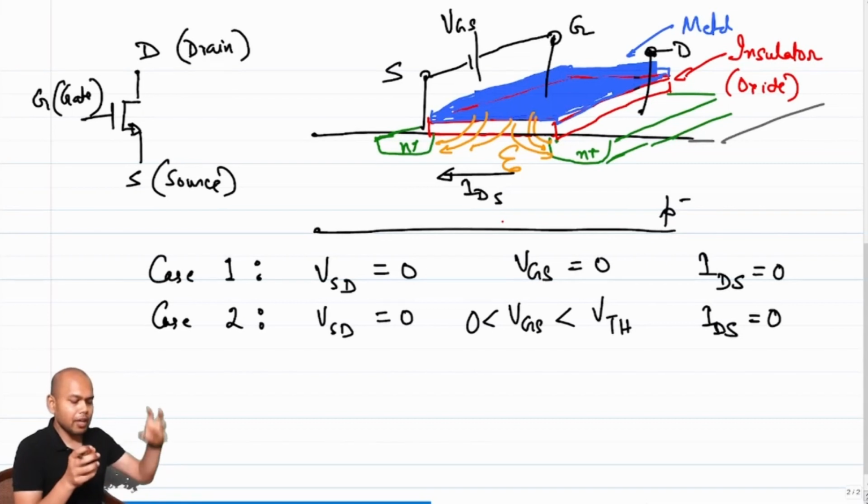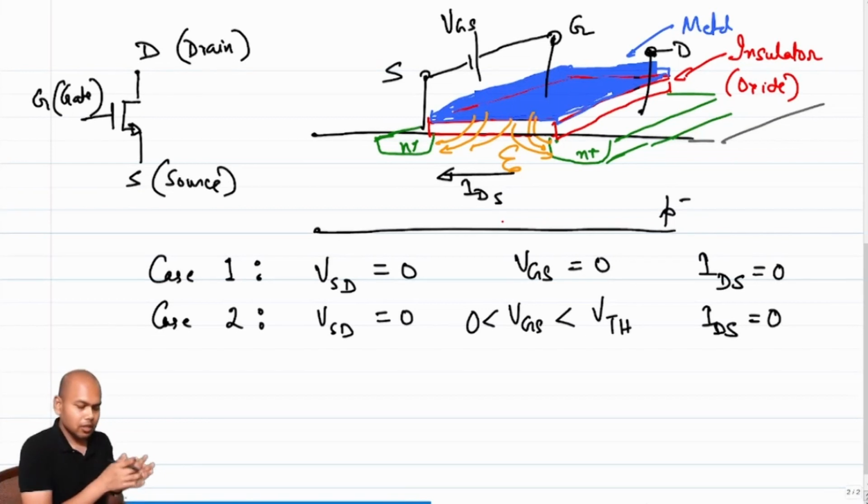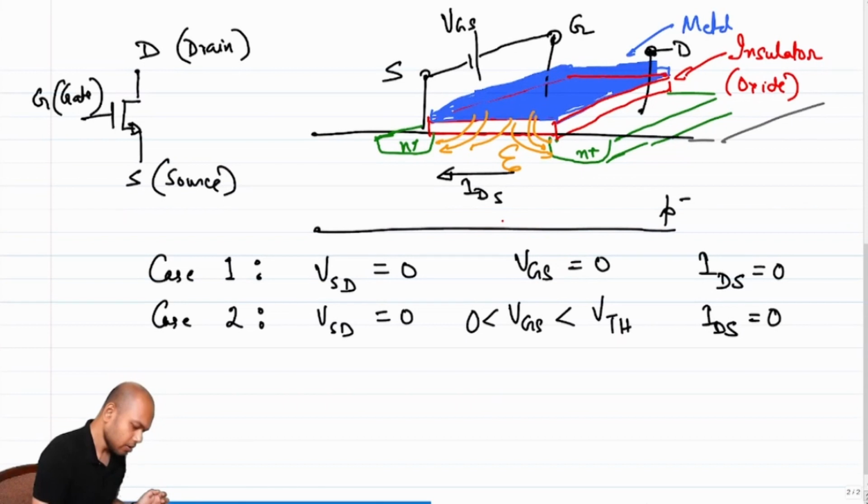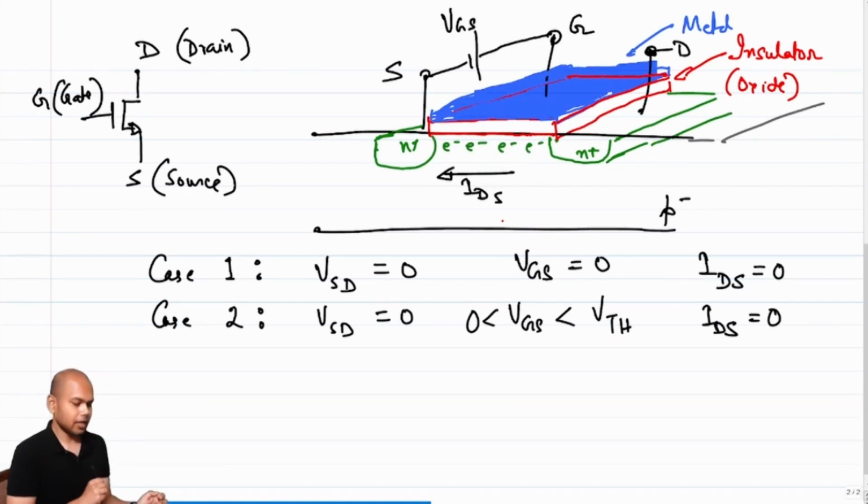Now when you apply a positive voltage between the gate and the source and the gate and the drain, the electrons would want to migrate from where they were happily sitting under the source and drain regions, and come to reside under the gate.